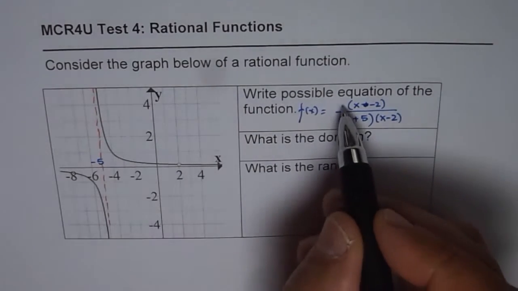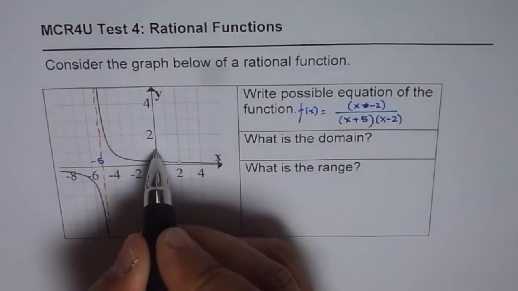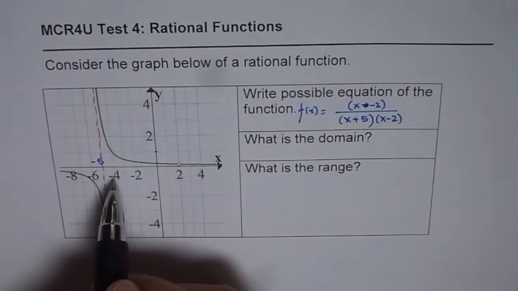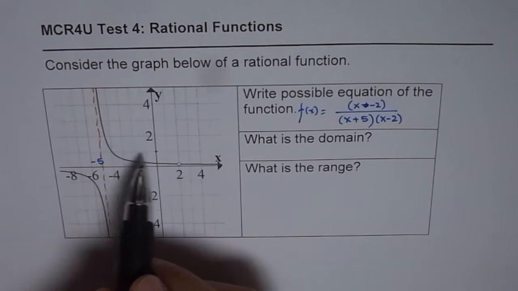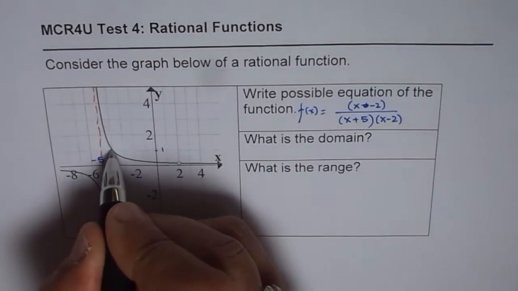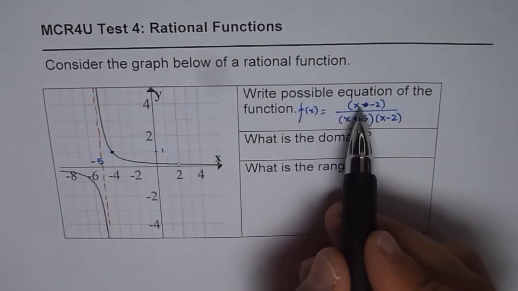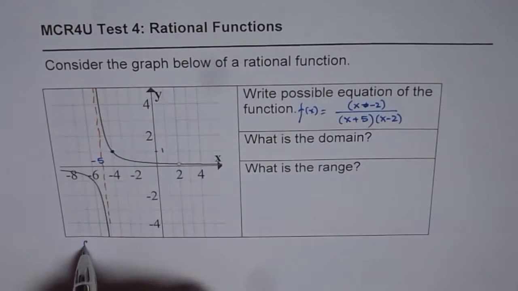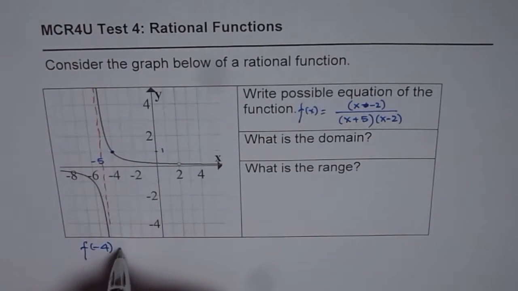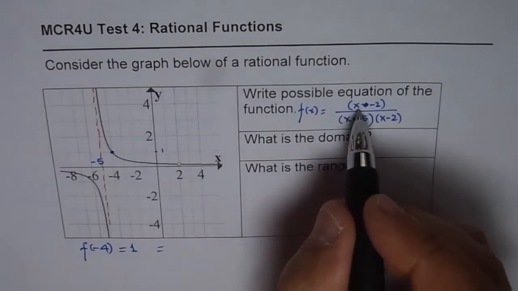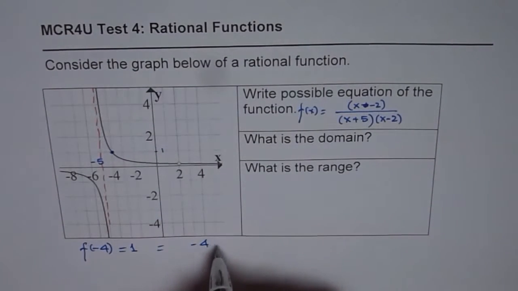To get the a value, we can check the value of the function at minus 4. If I substitute minus 4, I should get a value of 1, correct? So we are checking with this point. What is f of minus 4 equal to? We actually need 1, right? So in this equation, if I write minus 4, I get minus 4 minus 2 in the numerator.